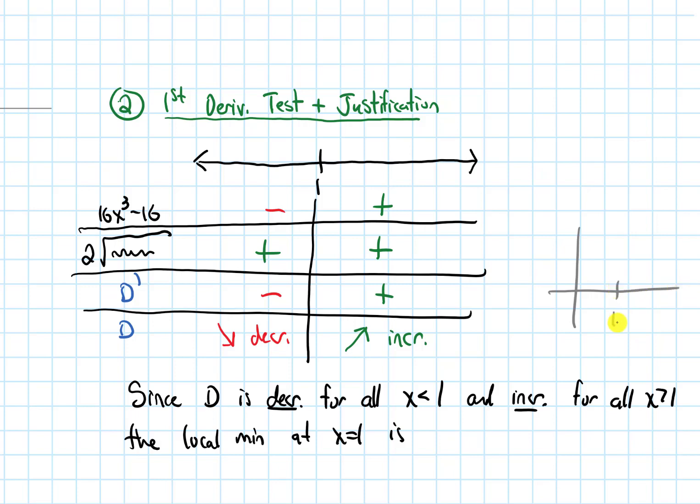So if I label 1 here, my function d, the distance function, is decreasing the whole way until I get to 1. And then it's increasing the whole way after that. Because of that, this local min has to be an absolute min. This is an absolute min. And that is what we wanted.